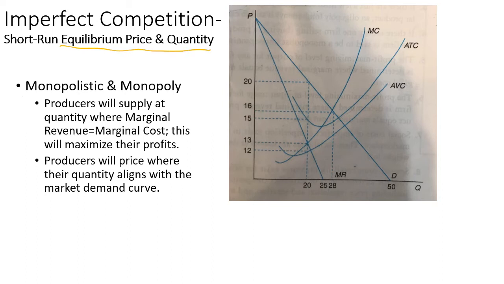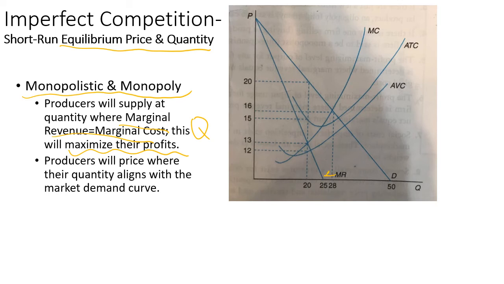Under both a monopolistic and a monopoly market, producers will supply at the quantity where marginal revenue equals marginal cost. This output, this Q, will maximize their profits. Okay, so let's first find the point on this graph where marginal revenue equals marginal cost.